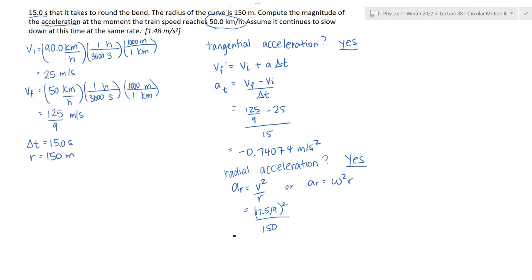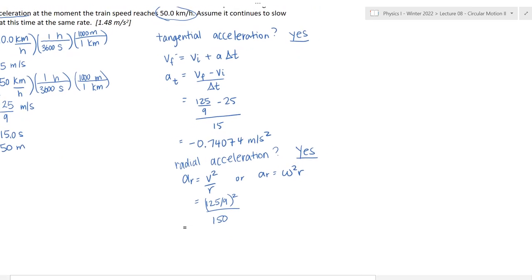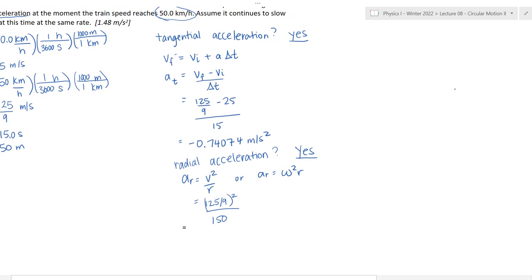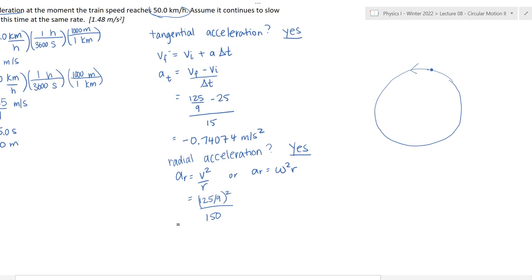Okay, so now we found out we have tangential and radial acceleration. So what do we do? Well, we have to add them up as vectors. So let's say, like we were saying before, our object is moving in this counterclockwise direction. Let's say we're at this point in time, where the train is right here. Because it's slowing down, the tangential acceleration would be going in the opposite direction of the velocity, so it's opposite of the motion.